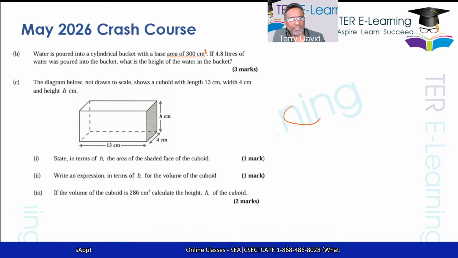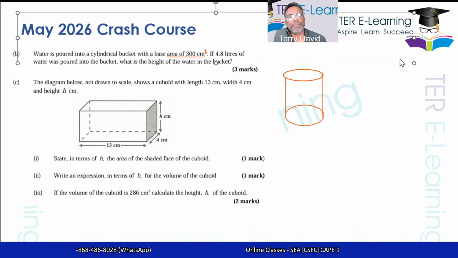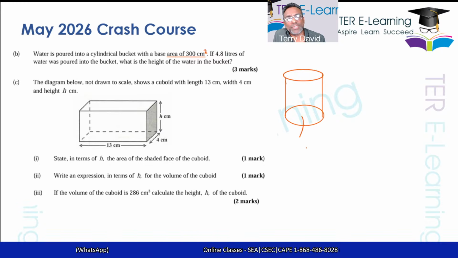You have a base here. Let me try to draw this properly. So we have a cylinder, and the base area of this cylinder is 300 cm squared.